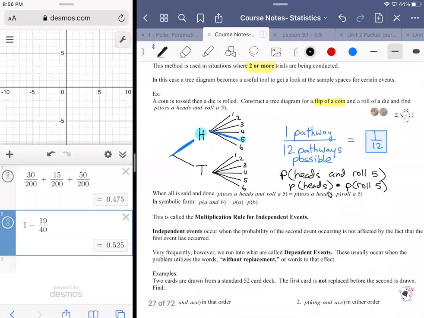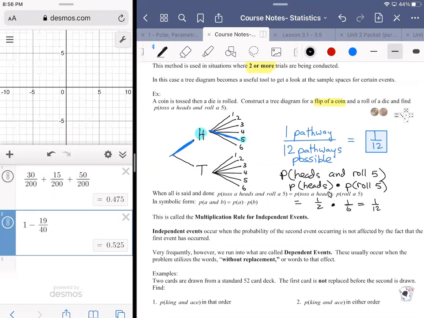All right, so that's what I state down here, which in turn would be 1/2 multiplied by 1/6. Which would give you a result of 1/12.